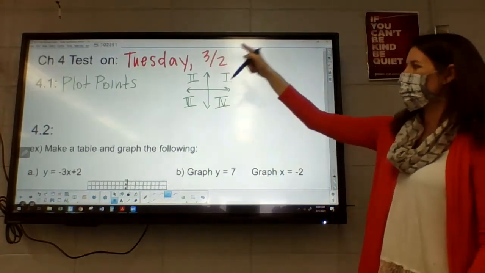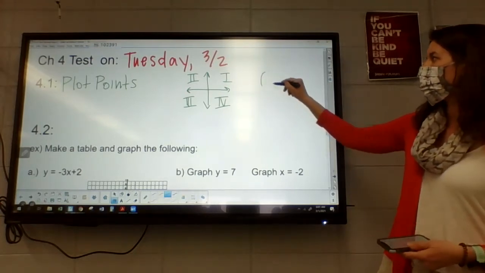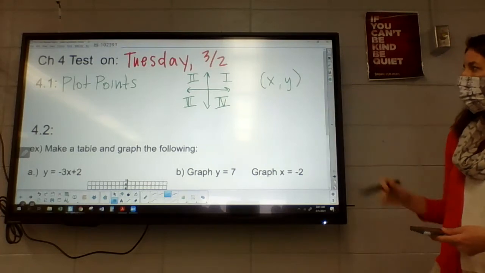Remember, the quadrants go counterclockwise, the opposite way of a clock, and they start in the upper right. So know those quadrants for our coordinate points, and the coordinate points are obviously x, y.